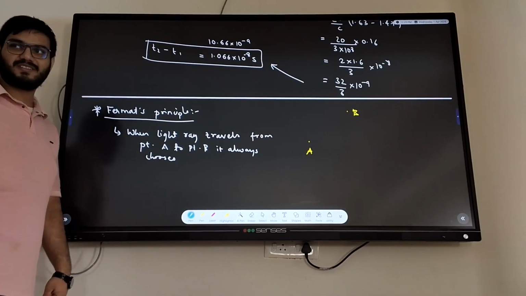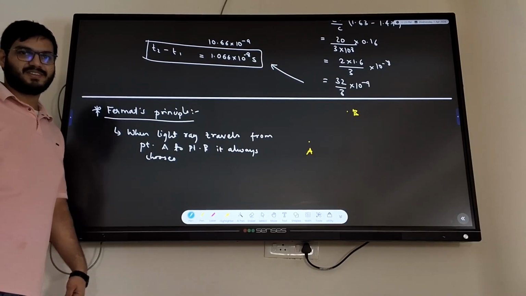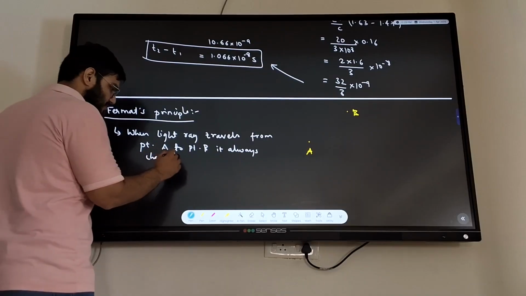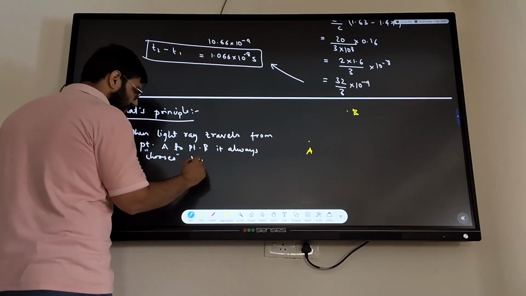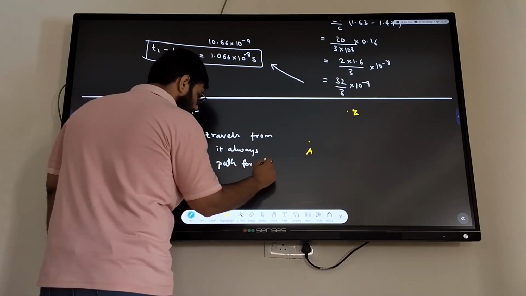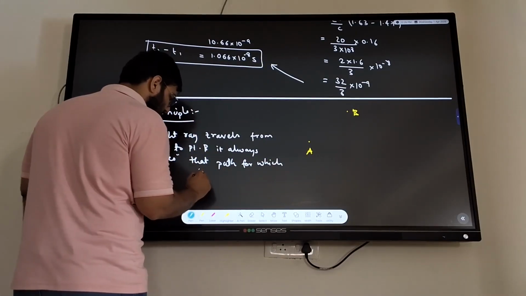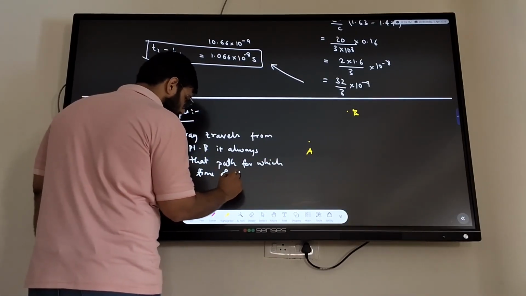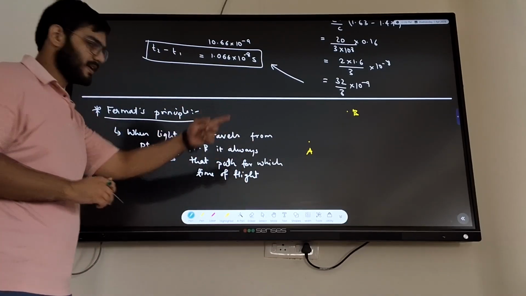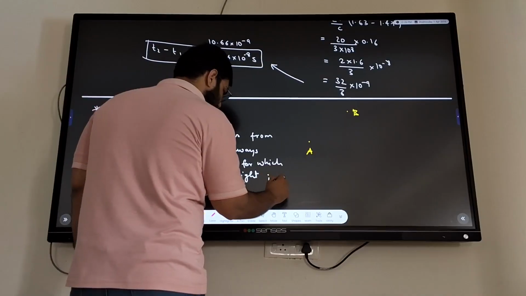Why is it choosing? Does it have consciousness now? No, it does not. I will talk about it as well. It always chooses, quote unquote, that path for which the time of flight is minimum. You understand the meaning of time of flight? It's the time taken to go from A to B is minimum.